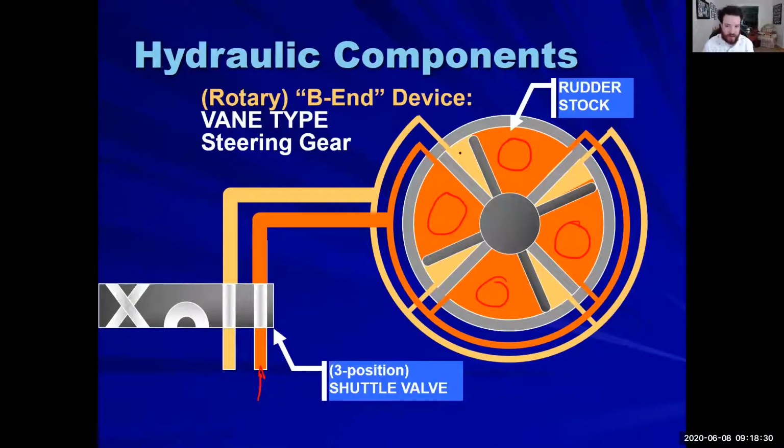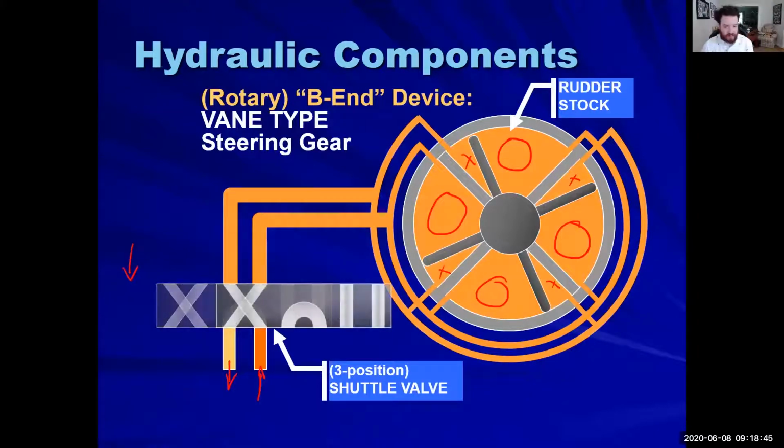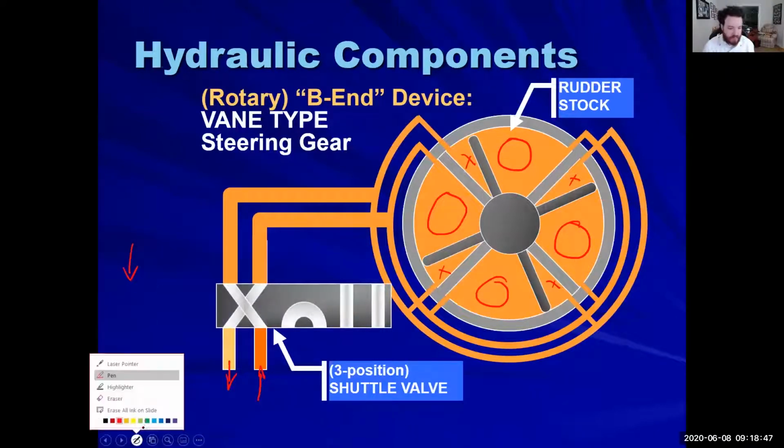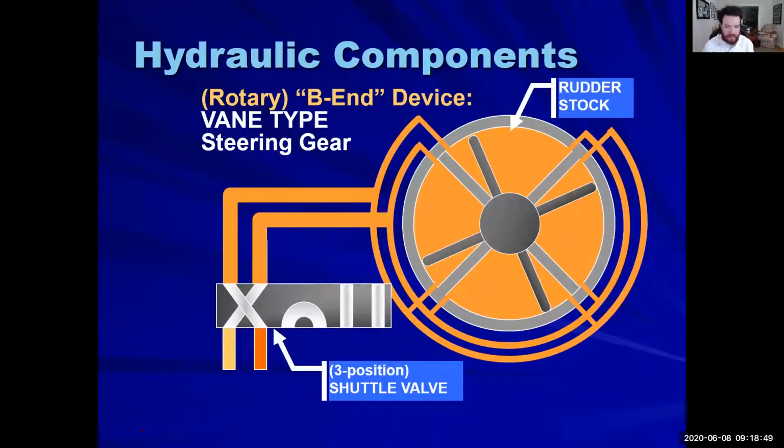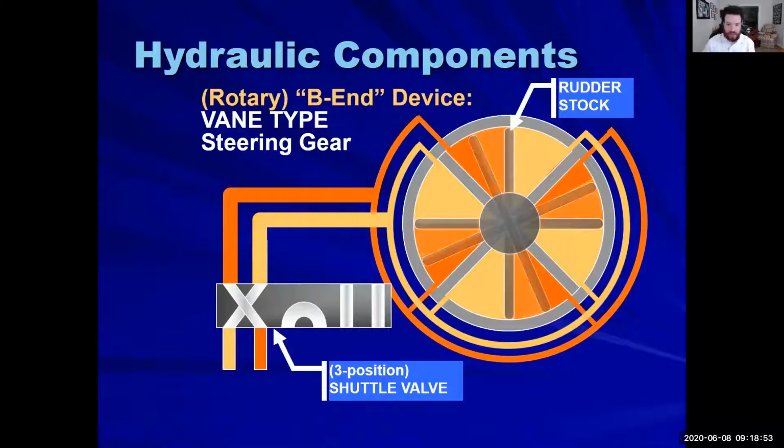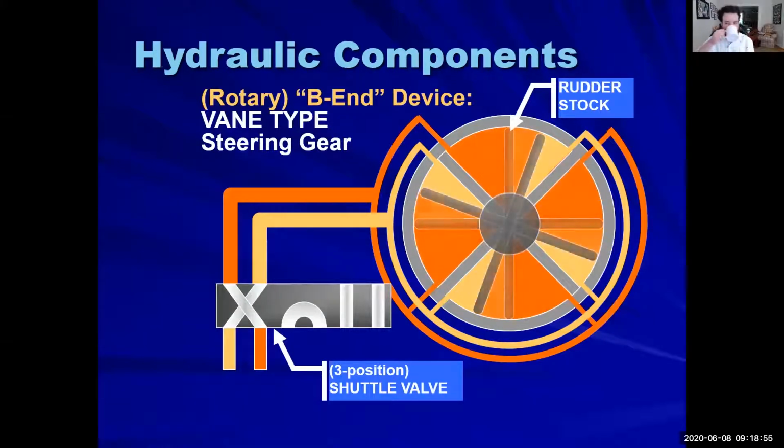Simultaneously, we're removing fluid from where I'm drawing the X's. And that can change just by going to this alignment in the shuttle valve. And that changes the position of a rudder.